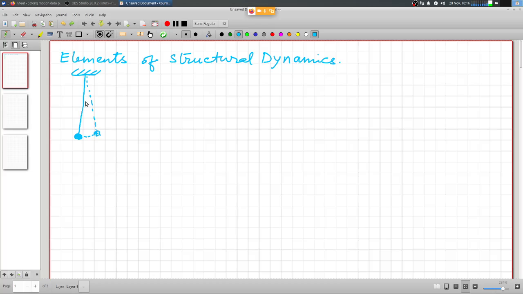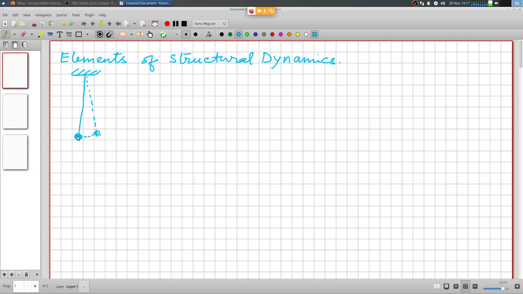Right? So the way it sustains its motion is by virtue of constant transfer of energy. It is set in motion by an initial disturbance. We disturb it from its mean position, take it to one end, and release it from that end.